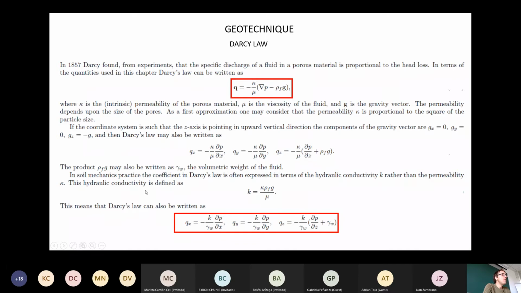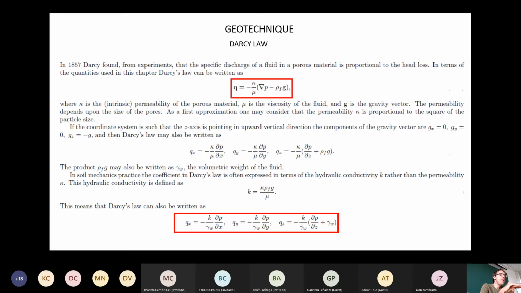And this hydraulic conductivity can be defined by this approximation with this product k, that is, as we said, the permeability, times rho times g over the viscosity. So at the end, the Darcy law can be rewritten in this way if we consider both these two considerations. One, that we consider the three axes separated, and secondly, that we consider the hydraulic conductivity instead of the permeability.